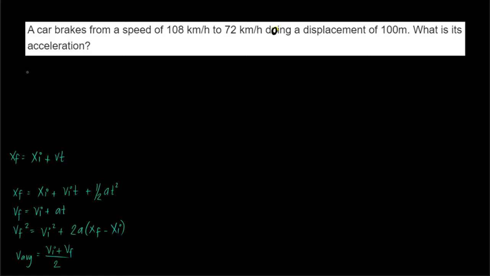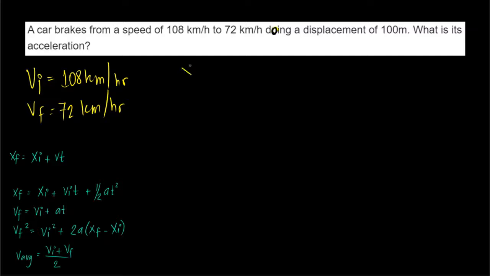From the word speed, we know that's going to be v. From, initial, 108 kilometers per hour, to final nga speed, 72 kilometers per hour. Ang displacement naton, x, is 100 meters. What is the acceleration?